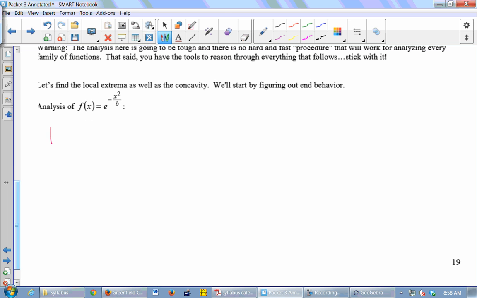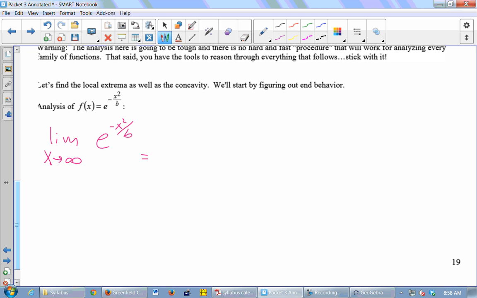Okay, so let's look at the limit as x goes to infinity of e to the negative x squared over b. So as x goes to infinity, the top of that fraction is going to get really negative, right? So I'm going to be raising e to a bigger and bigger negative number.